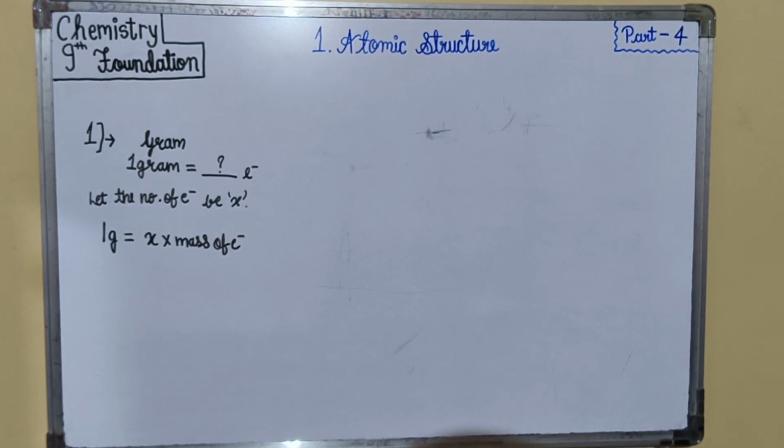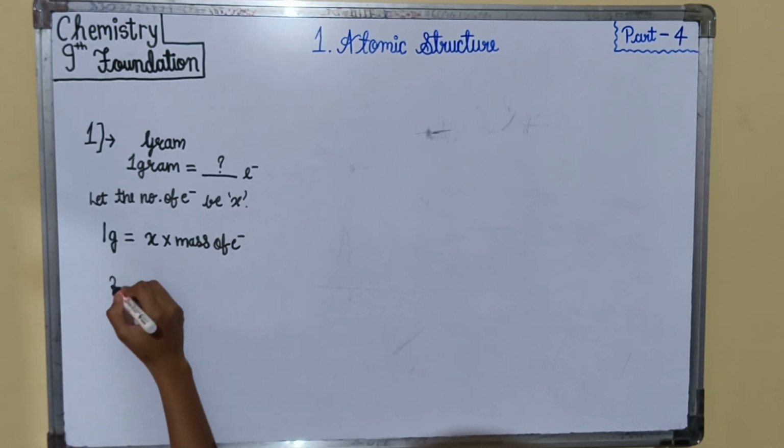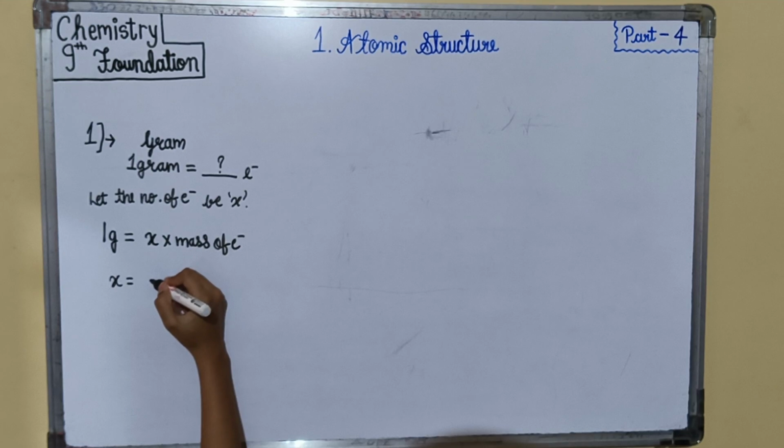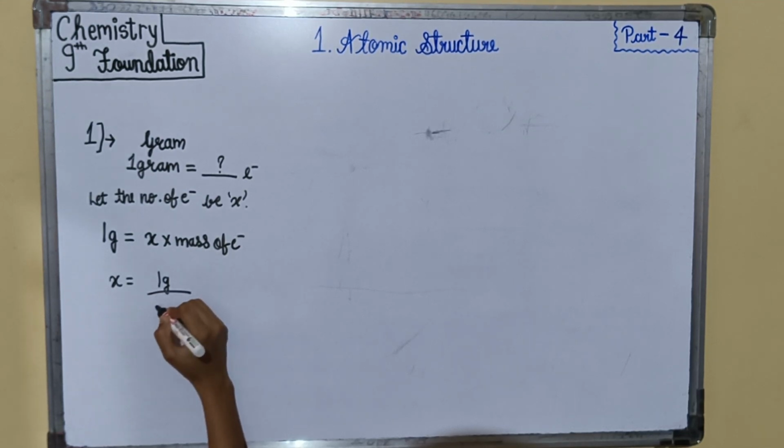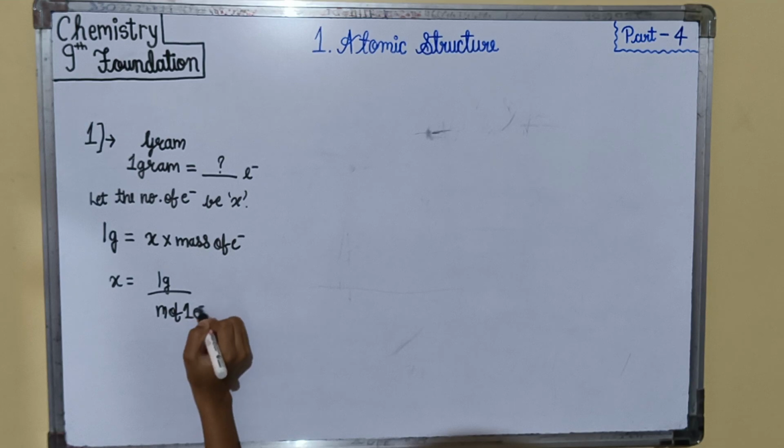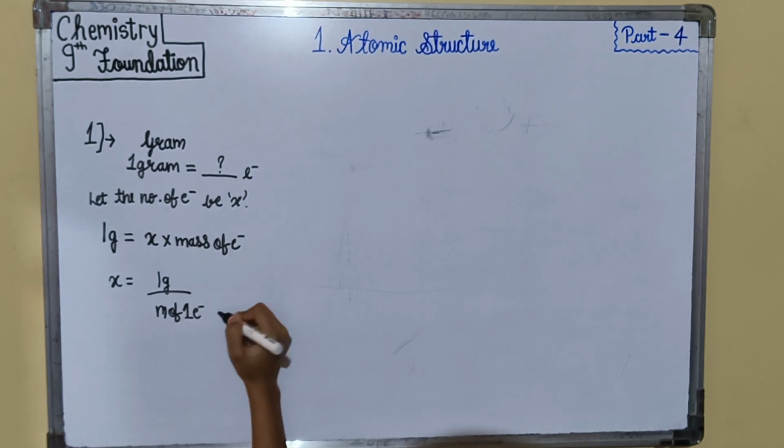So x would be equal to 1 gram upon mass of 1 electron in gram.